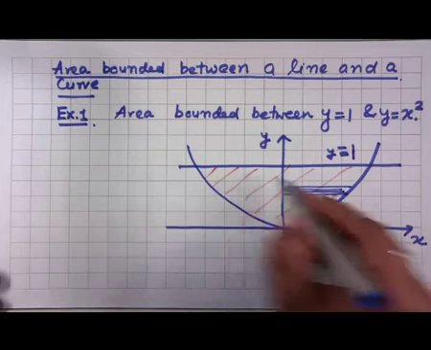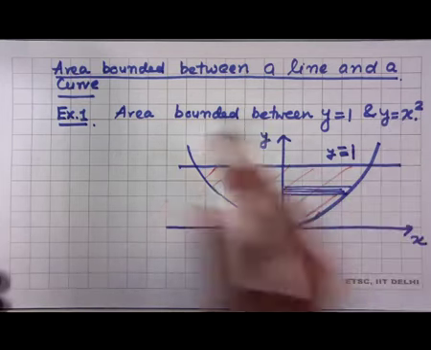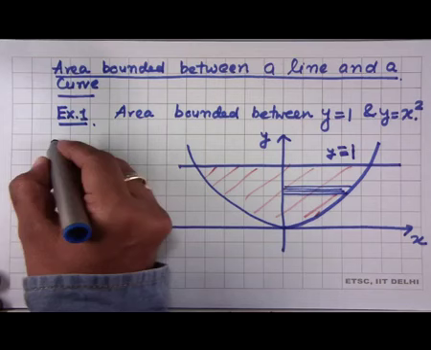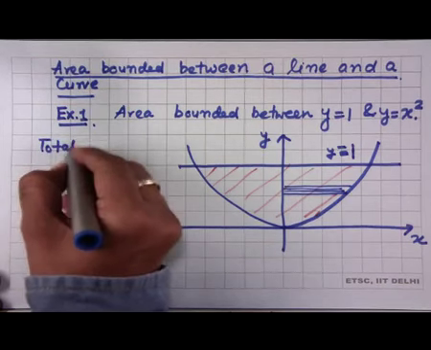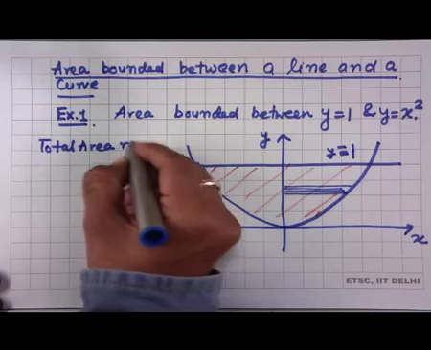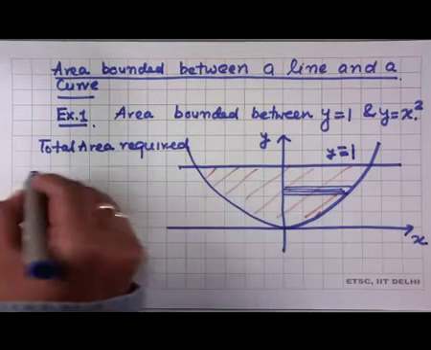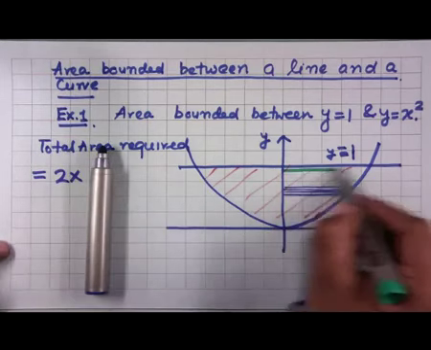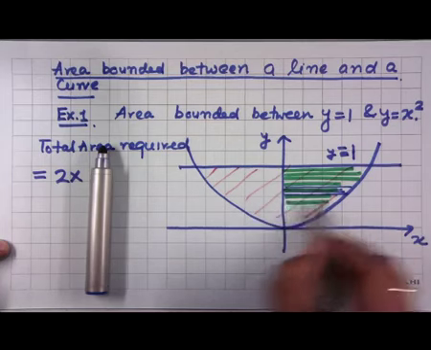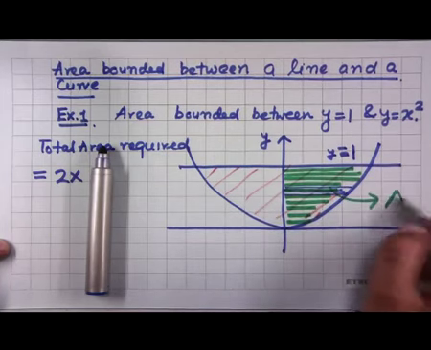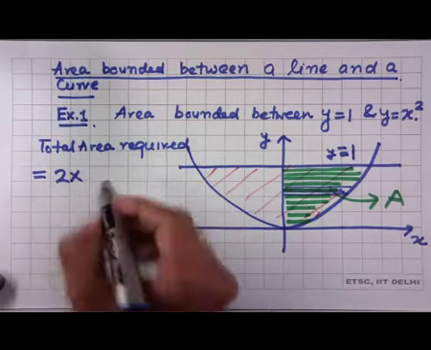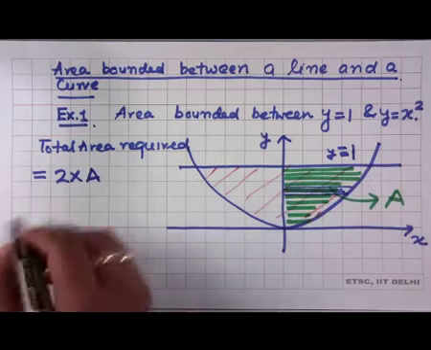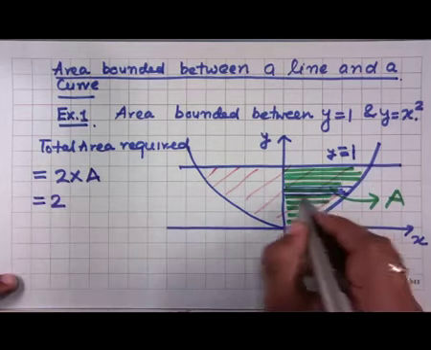Also you can see that this y equals to x square is symmetrical about y axis. So, the total area required is equal to twice of area shaded by green, so twice of area A. So, we will be using horizontal strip.